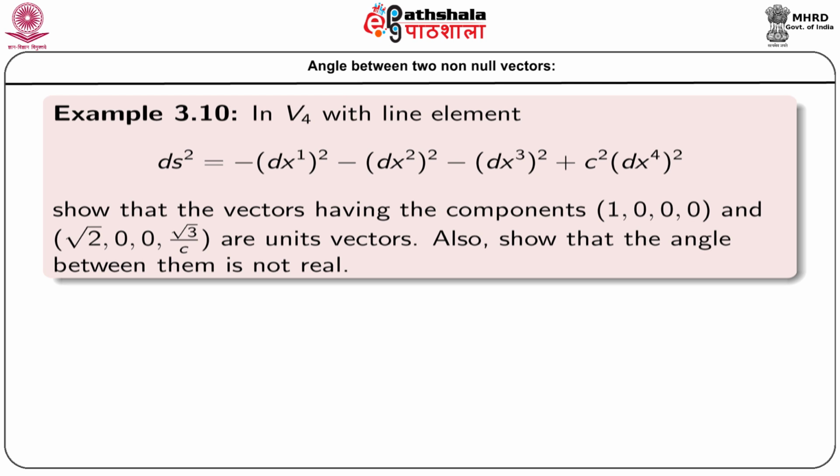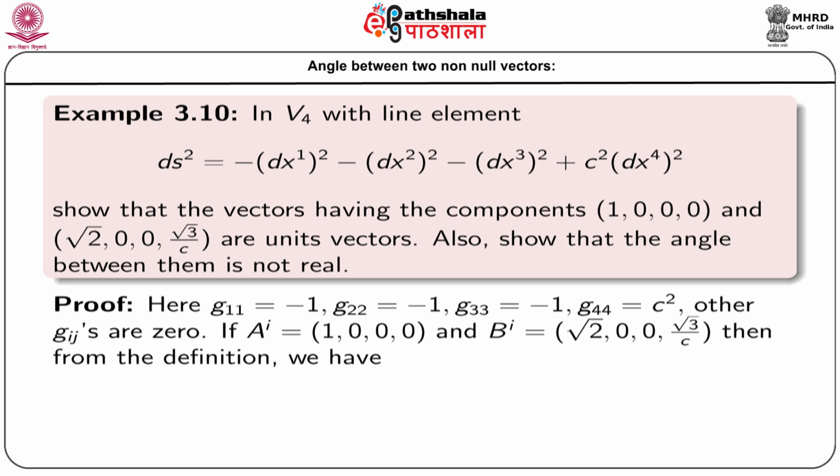We can find the angle between them, and we can also see that the angle between them is not real. So, let us see how we can find the angle.